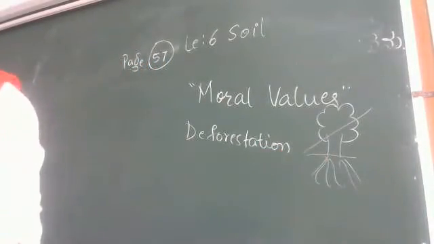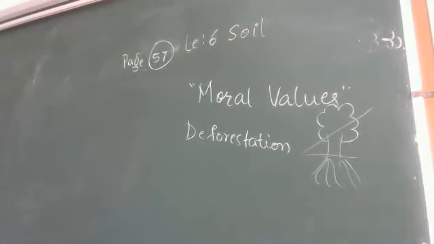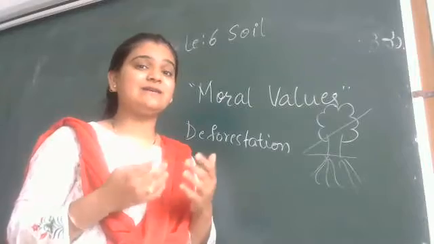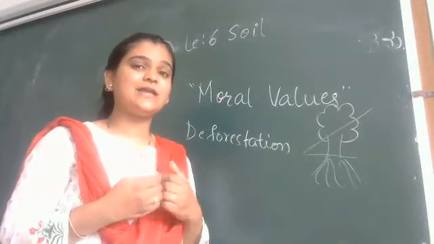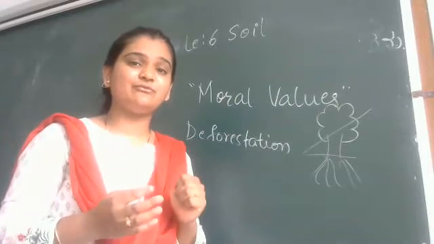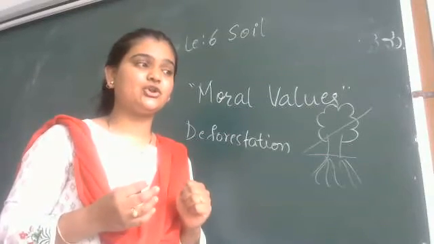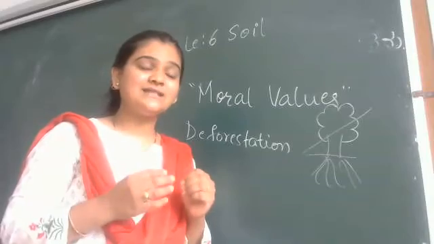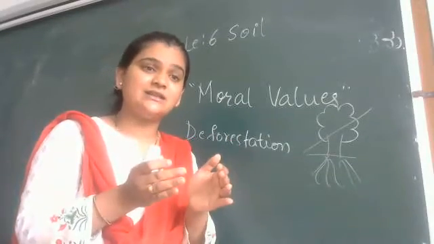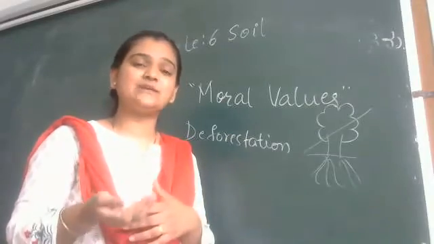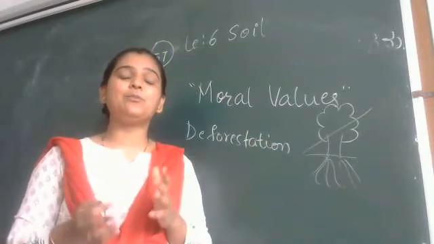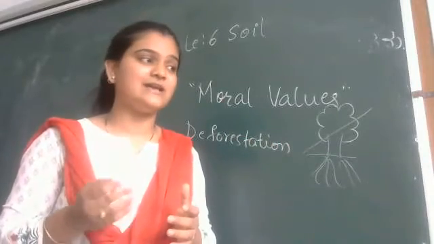Can it be compared to the relation between parents and children? Until and unless the parents are holding us, we will be very safe with our parents. Yes or no? Once we come out of their protection, we may sometimes make mistakes. So parents play a very important role in our life.